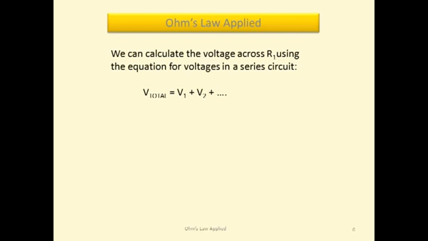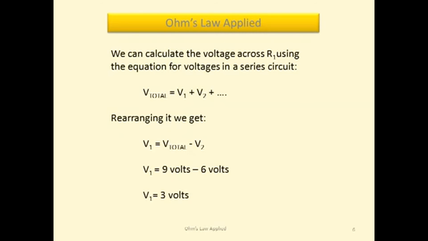The total voltage equals the sum of the voltages across the loads. We can arrange this formula to get V1 equals V total minus V2, or V1 equals 9 volts minus 6 volts. That gives us 3 volts on V1.